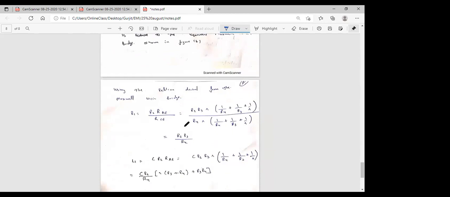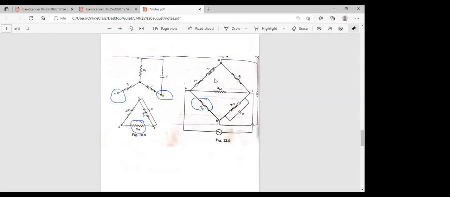Then when we are converting this Anderson bridge into the Maxwell bridge, in the Maxwell bridge we will apply the simple formula of the Maxwell bridge. Means we find out the R1 resistance. This is our Maxwell bridge, students. In the Maxwell bridge, we will find out this R1 and the L1. The same formula which we have derived in the Maxwell bridge, I have written here.